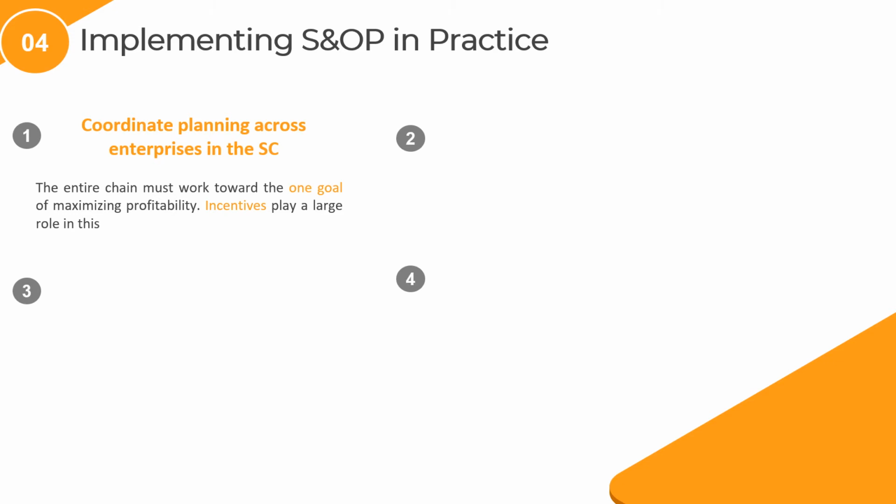Then the next one is about implementing SNOP in practice. The first one is to coordinate planning across enterprises in the supply chain. So the entire chain must work toward one goal of maximizing profitability.